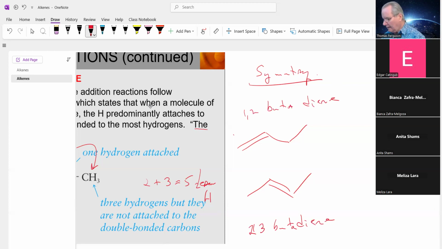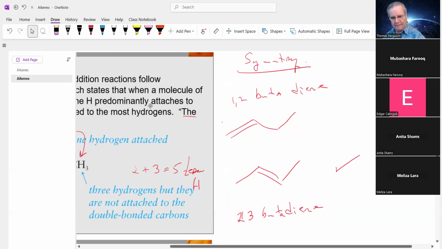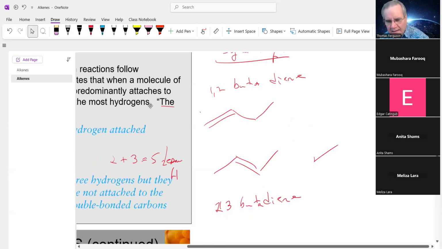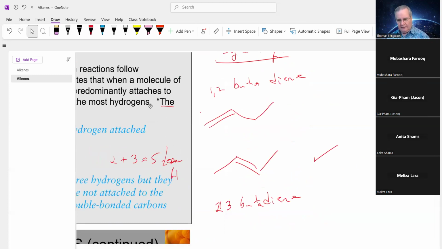Okay, so first of all, which is more symmetrical, the 2,3 or the 1,2-butadiene? Just eyeball it. That one. Okay. 2,3. Yeah, exactly. Now, most books don't talk about symmetry, but symmetry comes into play a lot in organic chemistry in determining the stability of the resulting product.